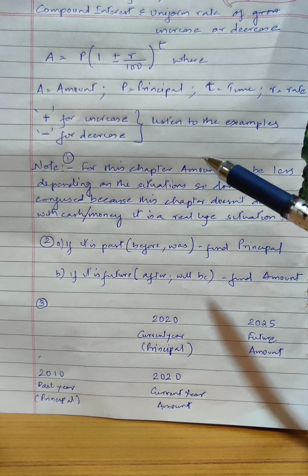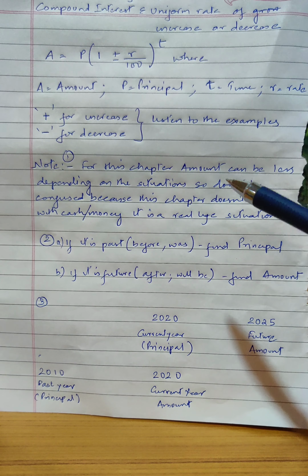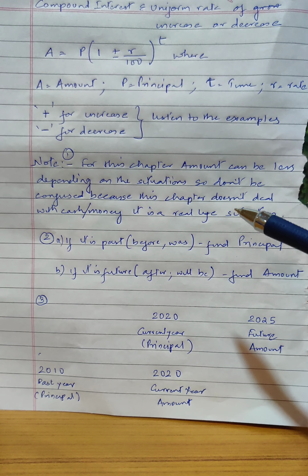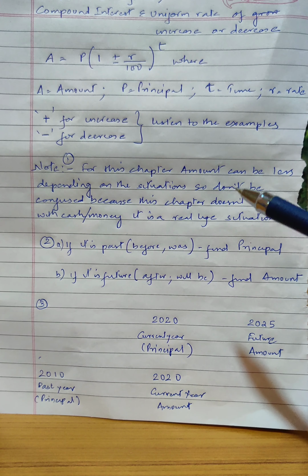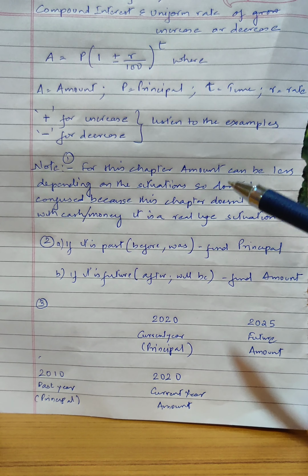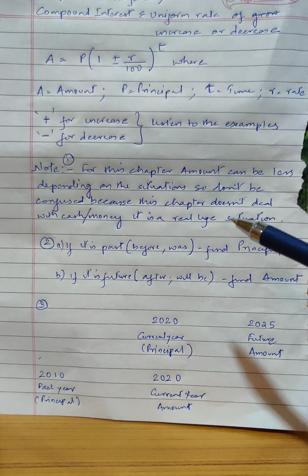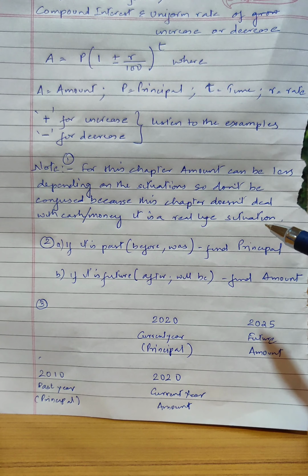But for this particular chapter, amount can be less than the principal depending on the situation, because we are not dealing with cash. We are dealing with real life scenarios in this chapter. So just put this in your head that amount can be less than the principal only and only for this particular chapter because it is a real life situation.